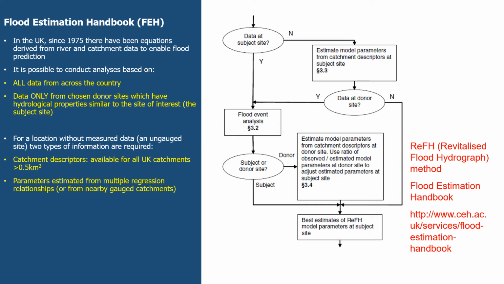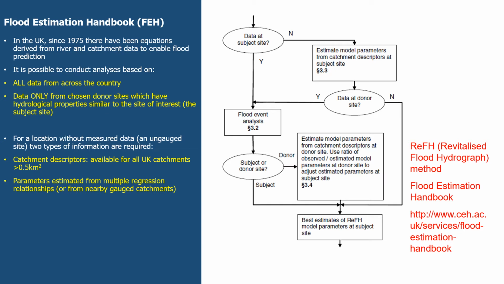So in 1975, the Flood Estimation Handbook came out, and there have been various iterations of that more recently. And what this allowed people to do was to estimate flood magnitudes from data that have been collected across the country.